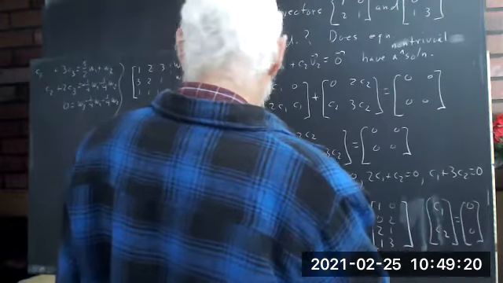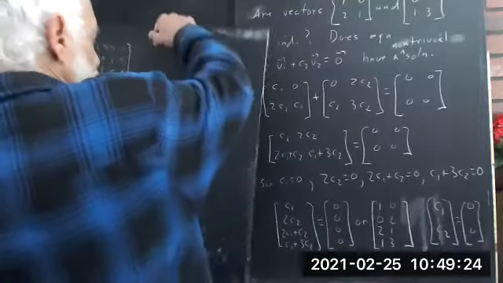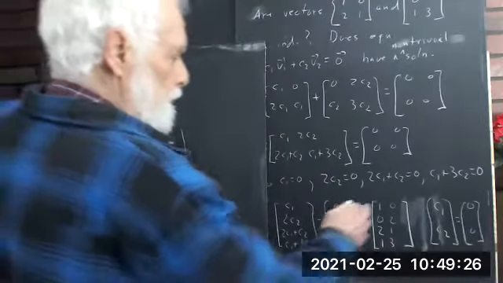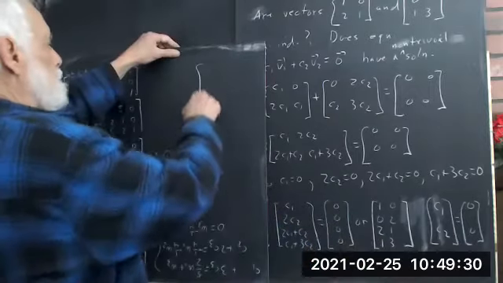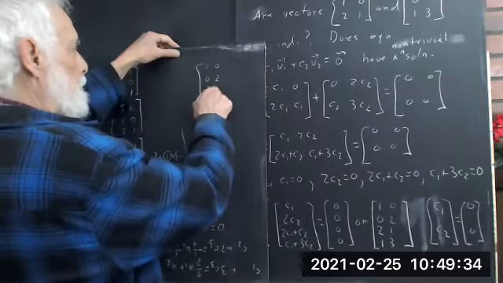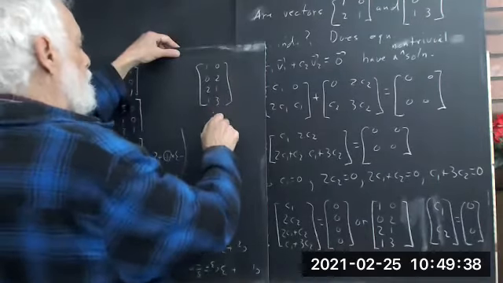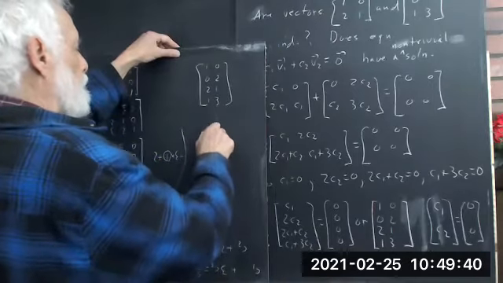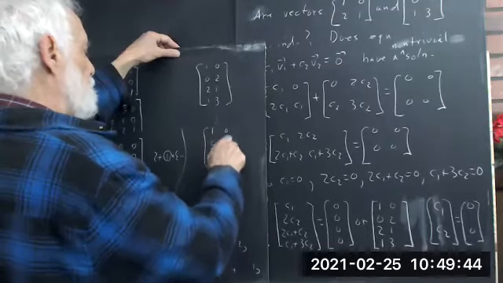But this matrix clearly reduces to 1, 0, 0, 1, 0, 0, 0, 0.